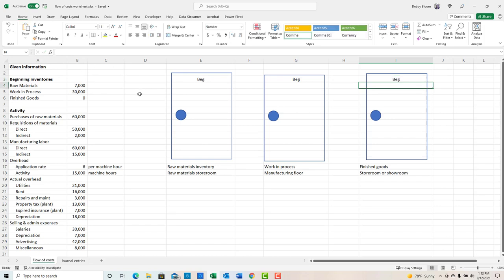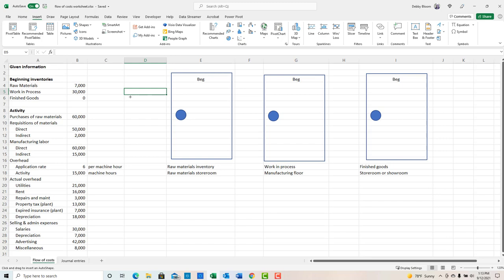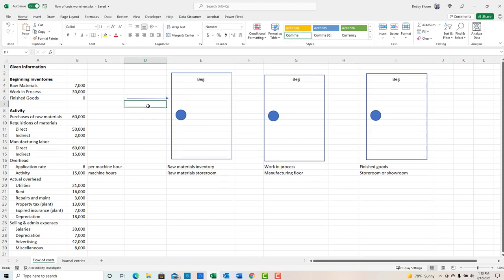Now, the first thing that's going to happen is we're going to purchase some raw materials. So a purchase of raw materials is going to add to our raw materials inventory, or it's going to add to our raw materials storeroom. So when we purchase raw materials, the only thing that's going to happen is we're going to have more raw materials.